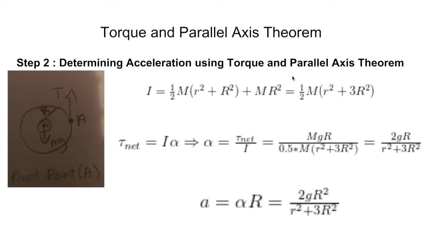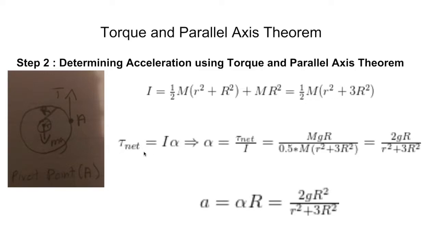Determining the acceleration using torque and parallel axis theorem. Using the parallel axis theorem, I is equal to 1/2 m (r squared plus R squared) plus m R squared, which is equal to 1/2 m (r squared plus 3R squared).